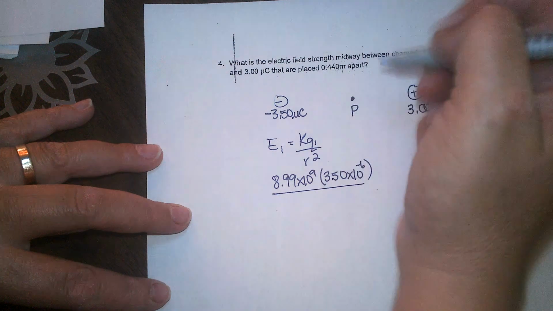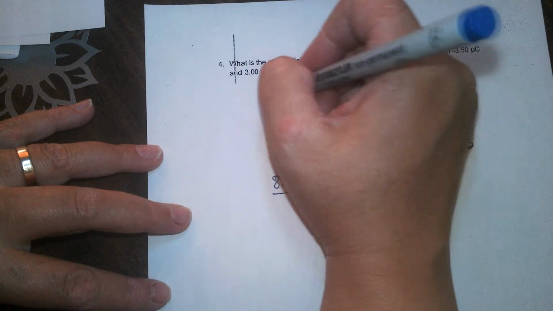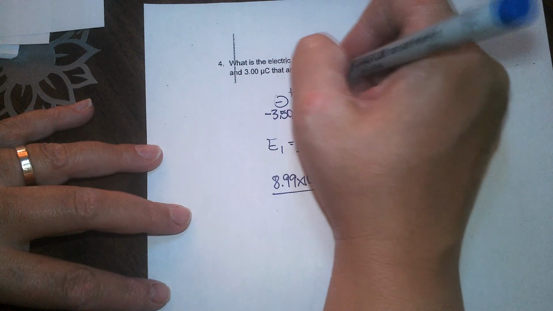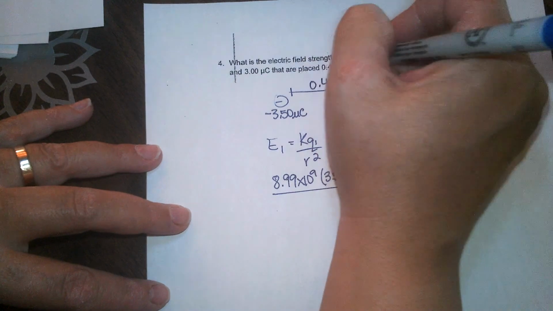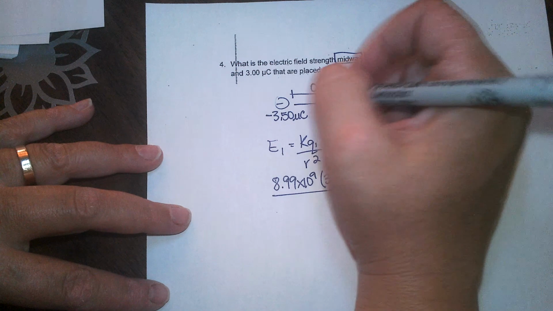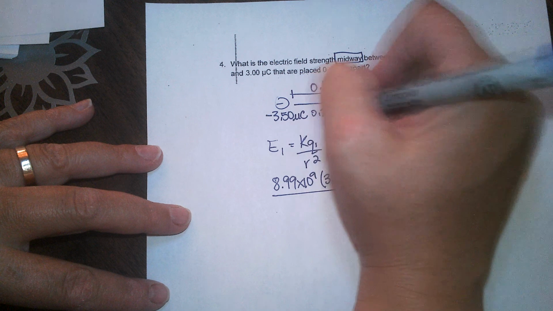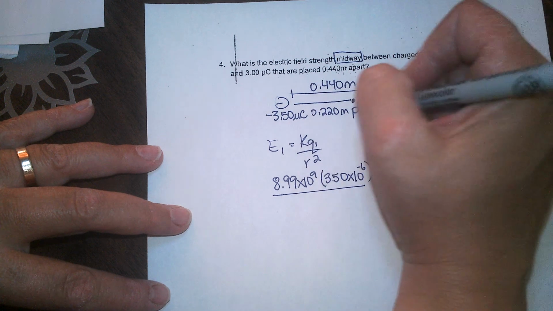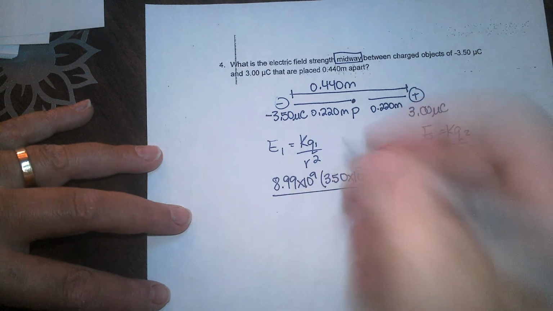And these objects here, from here to here is 0.440 meters. But it's saying midway, so our R is actually going to be 0.22 meters. Okay?